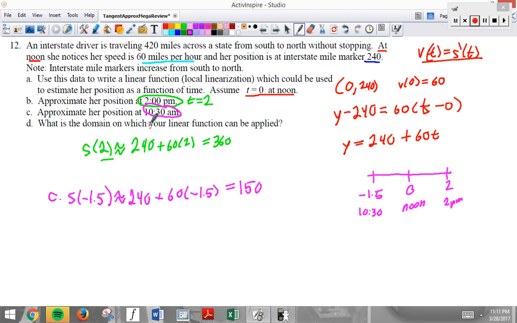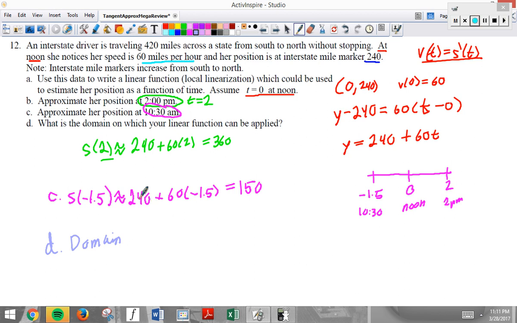What is the domain for my linear function? Really weird question. Non-standard question. The domain, well, it'll work until our function tells us she's back at her house.